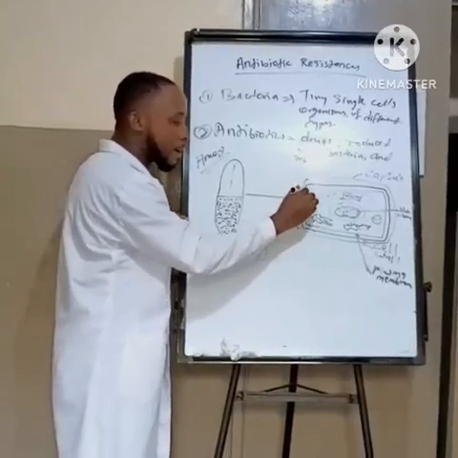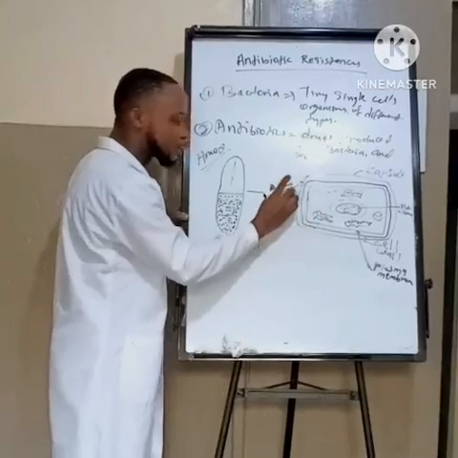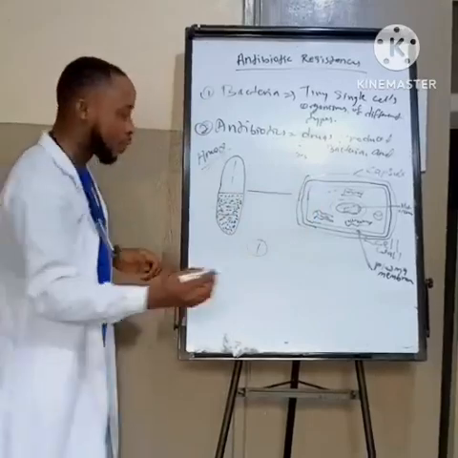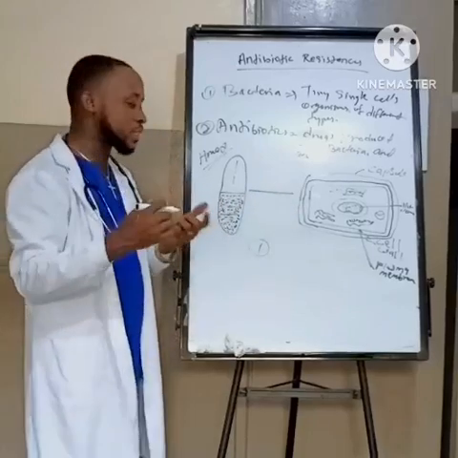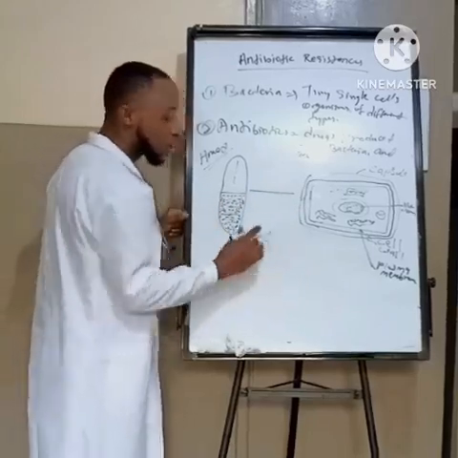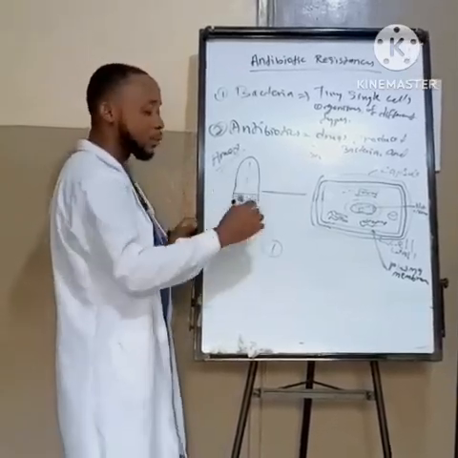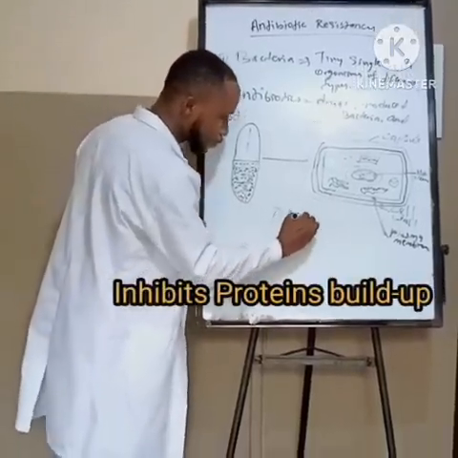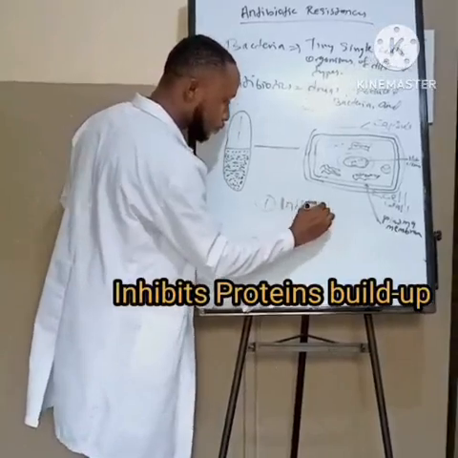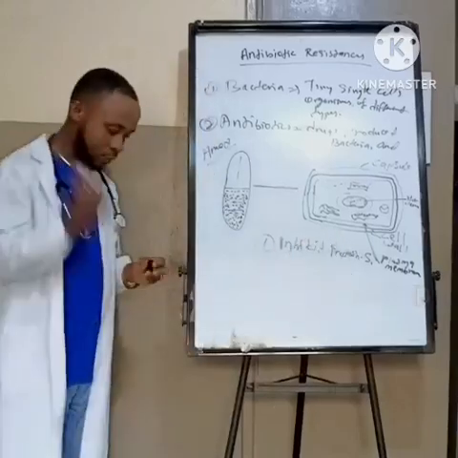So how does it happen? Number one is the build of proteins. Protein synthesis is always inhibited or broken down.